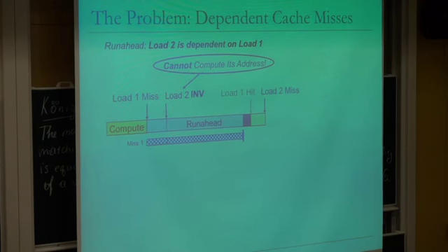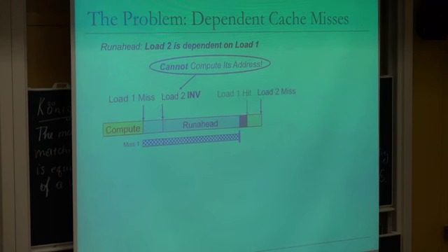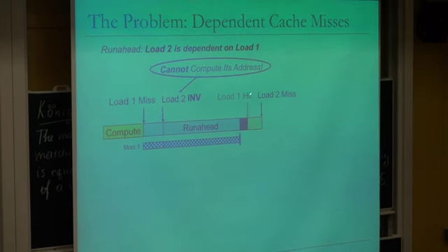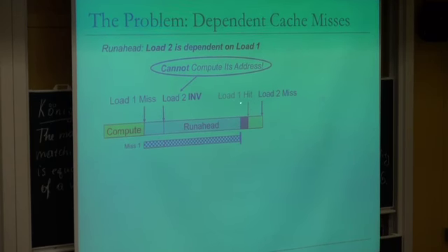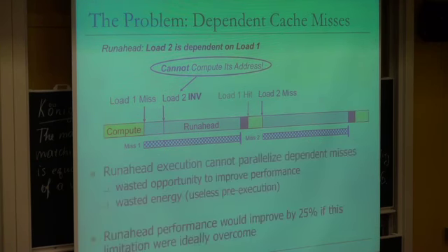Now you can execute load 2, right? Because its address, the value it's dependent on, this load 1's result, is available now. Make sense? Now it turns out it's a miss. Well, so you go into Runahead again and do Runahead execution. Now this is probably not good, right?